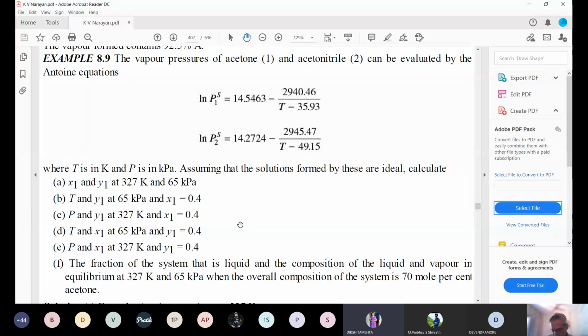Yeah, see total pressure, how do you calculate total pressure? P2S plus P1S minus P2S into X1. But X is not given to us, right? So now you have to write in terms of Y. How will you write in terms of Y?